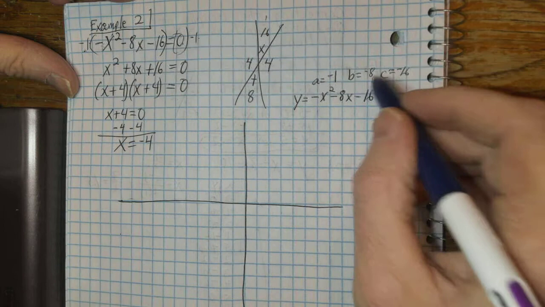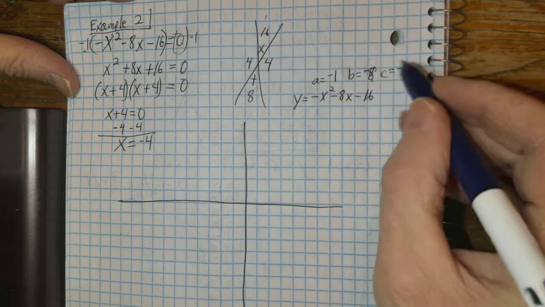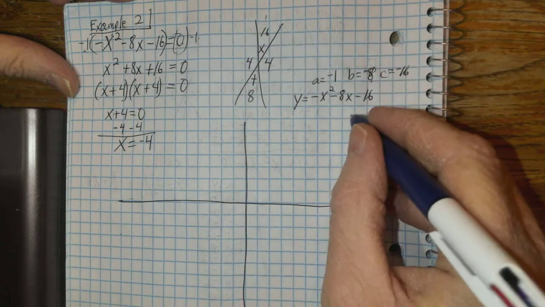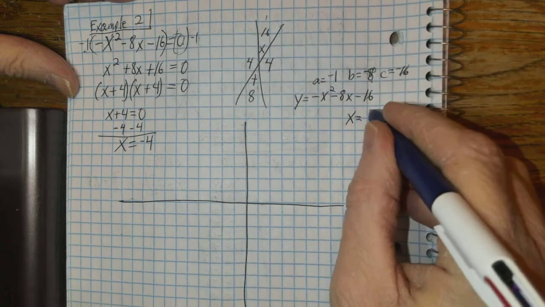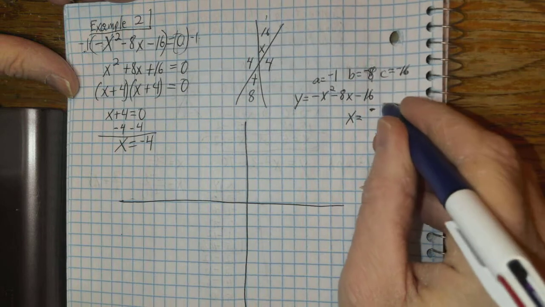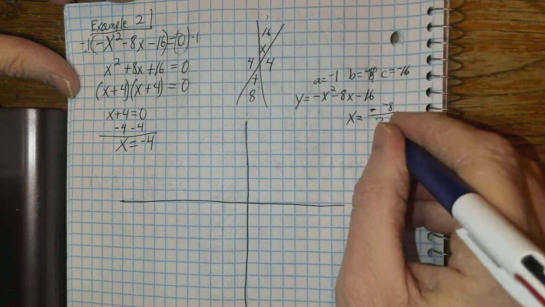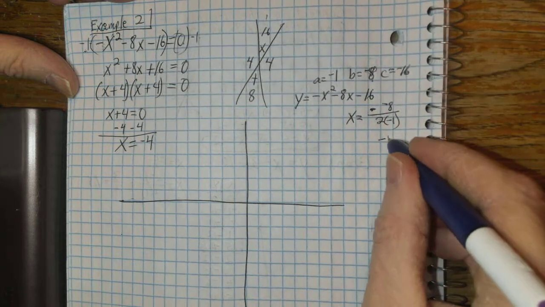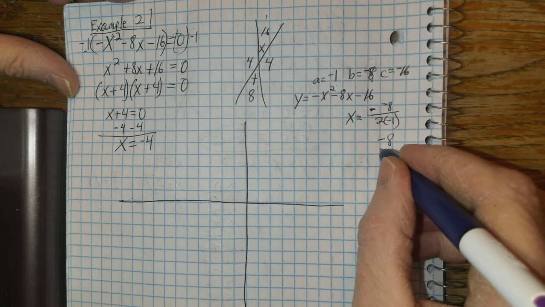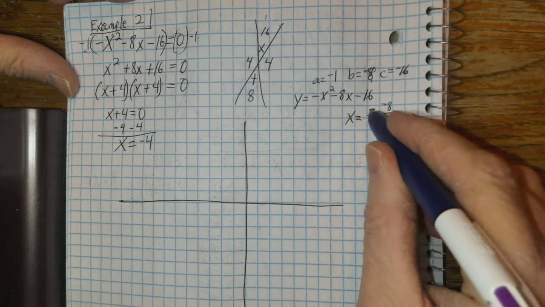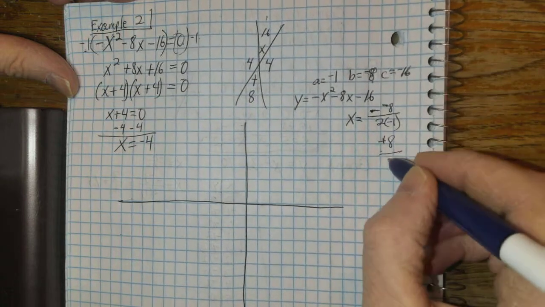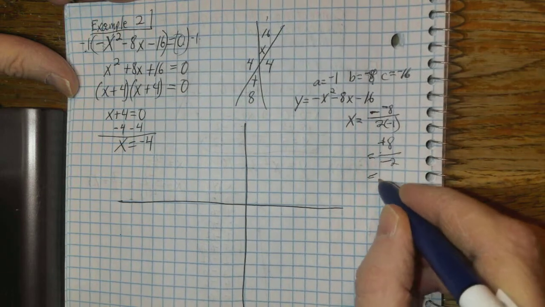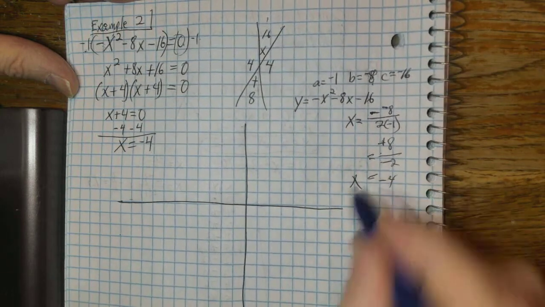A is negative 1, b is negative 8, and c is negative 16. So when we do x equals negative b over 2a, it's negative negative 8 over 2 times negative 1. That's positive 8 over negative 2, which is negative 4. So x equals negative 4.